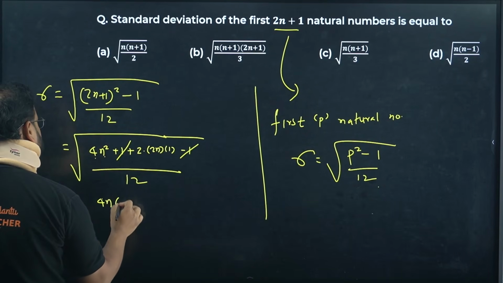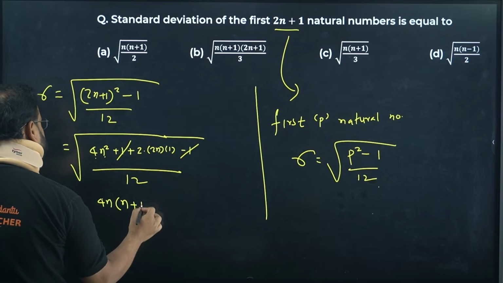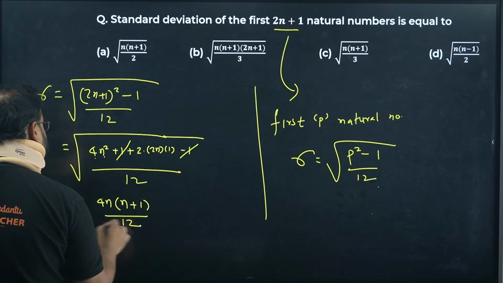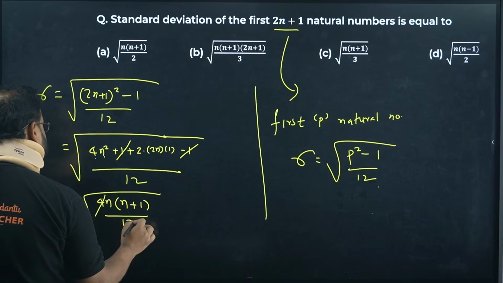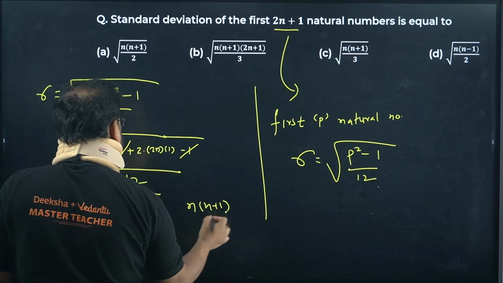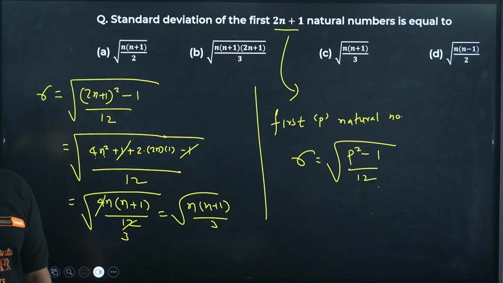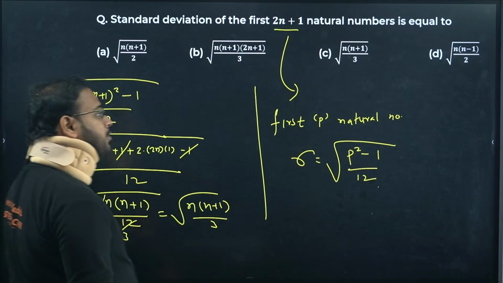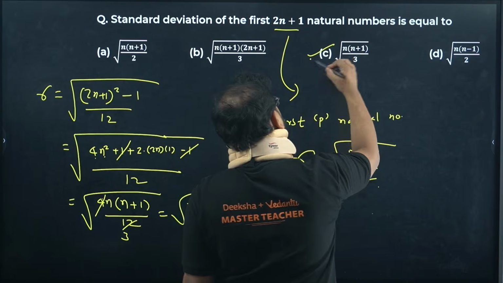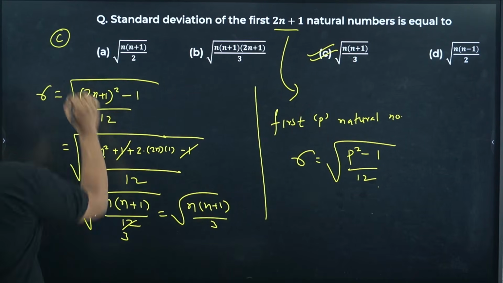Take 4n common. In the first term only n is left, and in the second term just 1 is left, in the root. So it is the root of n into n plus 1 by 3, and that's my value of the standard deviation. Option is C.